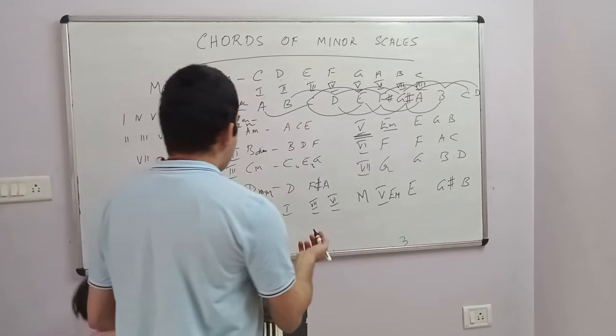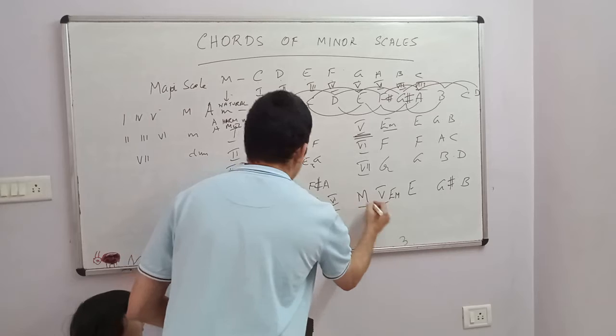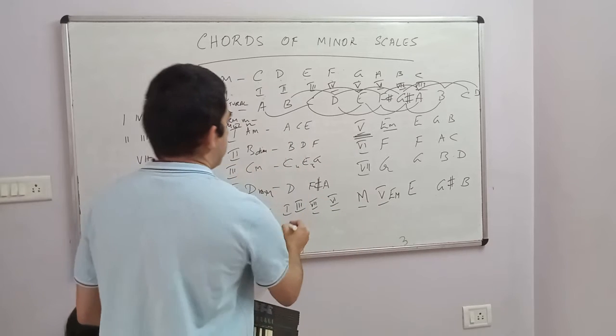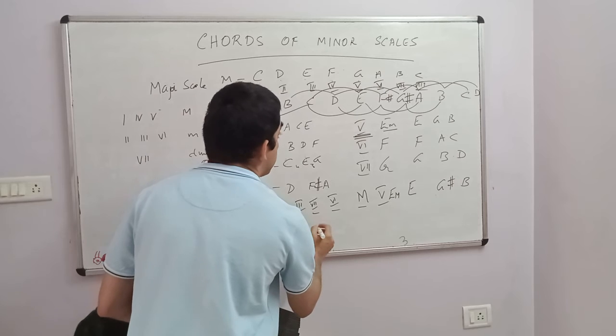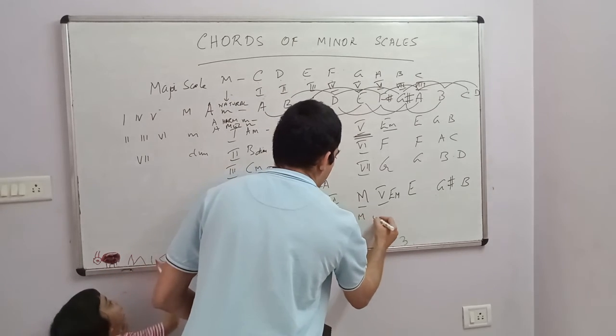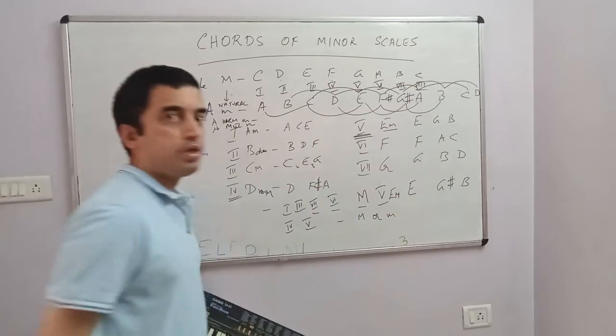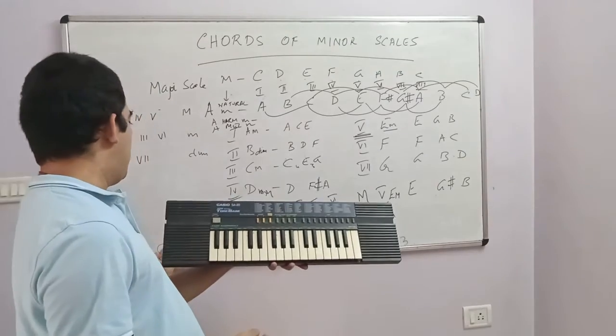The other important chord is the third chord, which is also major. The fourth and the fifth chord can be major or minor depending upon the subtype of the minor scale.